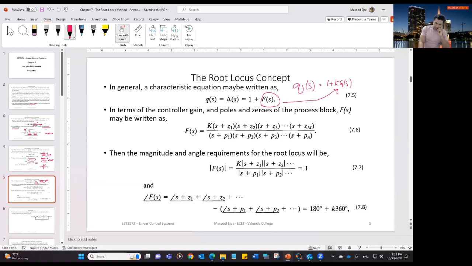And FS can be given by K, which is of course the controller gain, times S plus Z1, S plus Z2, S plus Z3, all of them up to S plus Zm, divided by S plus P1 and so on. These are the zeros and these are the poles of the transfer function of your process. So GS can be written as S plus Z1, S plus Z2, all divided by S plus P1. So you have M zeros for GS and N poles for GS.